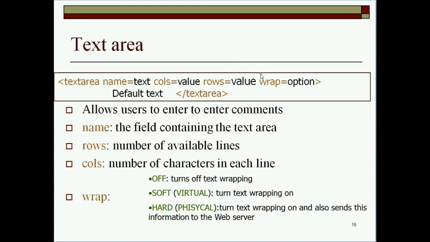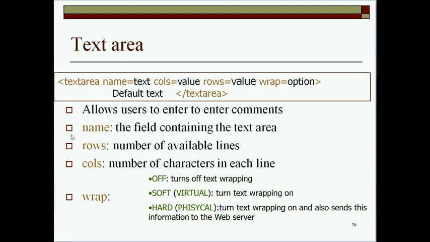Specify whether the text will naturally wrap or not, and break lines in order to just stay fit within the box. And then optionally you can specify some default text, which will be the pre-populated value of the textarea, or you can leave it blank, in which case there will be no pre-populated value.